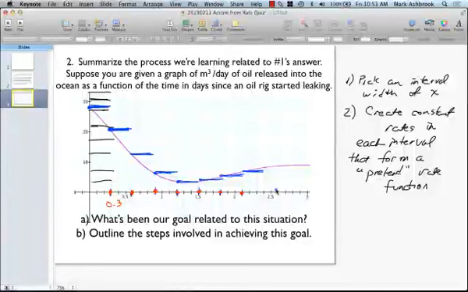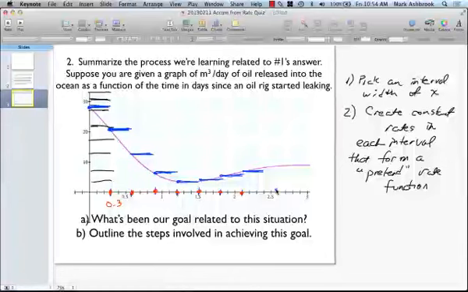And what makes it easier to calculate? What makes it easier, Jonathan? Because it's a constant rate. Right. The whole point is, with a changing rate, we don't have mathematics to come up with an accumulation if the rate is continually changing. But at a constant rate, we know that change in oil leaked is what? It's the rate times how much time goes by, right?